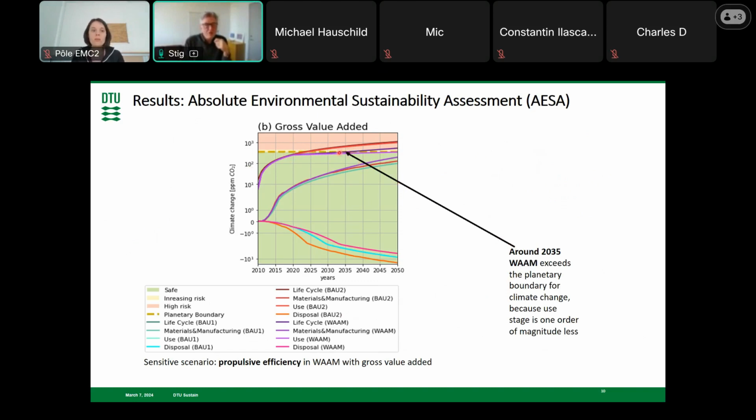And that's because of the extra efficiency of propulsion by the optimized design of the propeller.